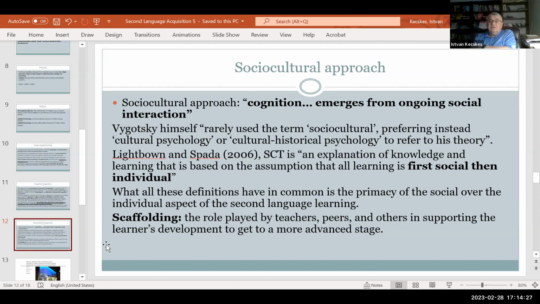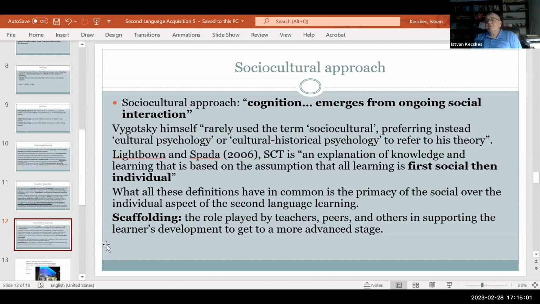So Vygotsky became very popular in America only in the 90s, when educators discovered that what Vygotsky emphasized was the social side of learning, and his theory put primacy of social over the individual.